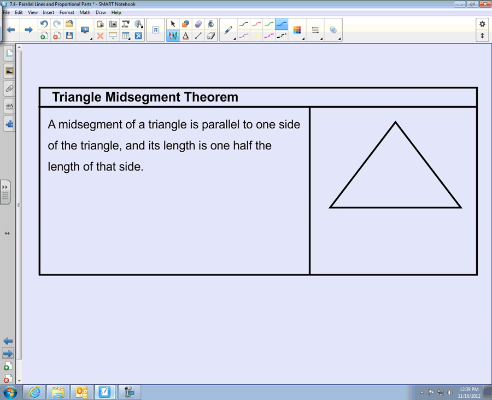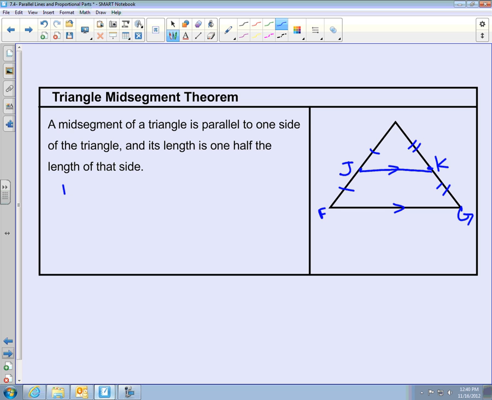So our triangle midsegment theorem says a midsegment of a triangle is parallel to one side of the triangle, and its length is half of that side. So if we look back and think about our midsegments, so congruent pieces, this point here has now become our midsegment, and that is going to be parallel to our base.